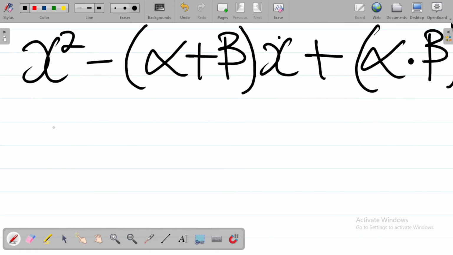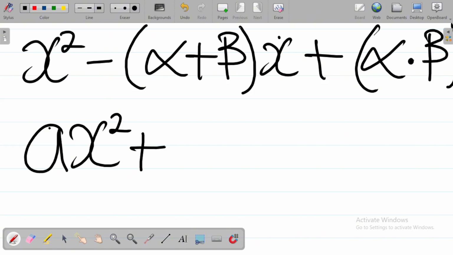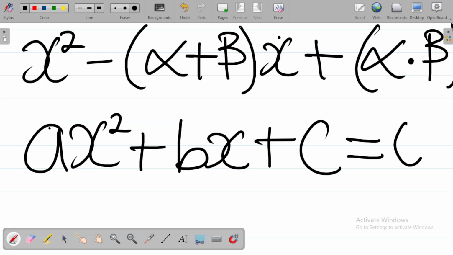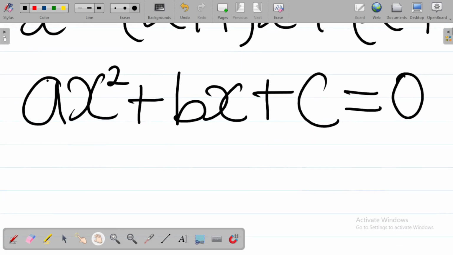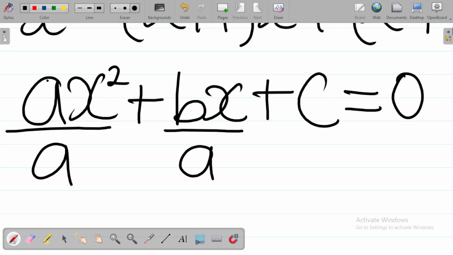From equation 1, we have that ax^2 + bx + c = 0. So let's divide equation 1 by a. If you divide through by a, you would have ax squared divided by a plus bx divided by a plus c divided by a.